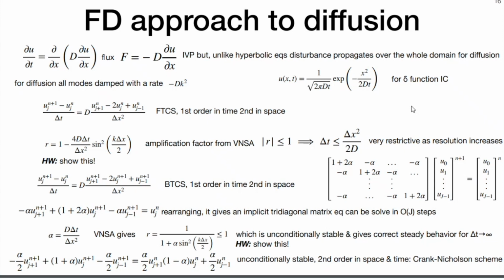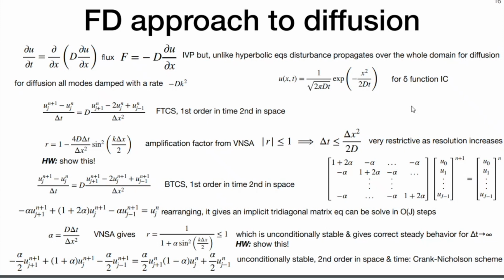You can do von Neumann's analysis again. Simple, you have R here, R, again R here, and again R here. These are all at n plus 1. And you can actually show that the value of R comes out to be this. So this alpha here is d delta t by delta x squared.